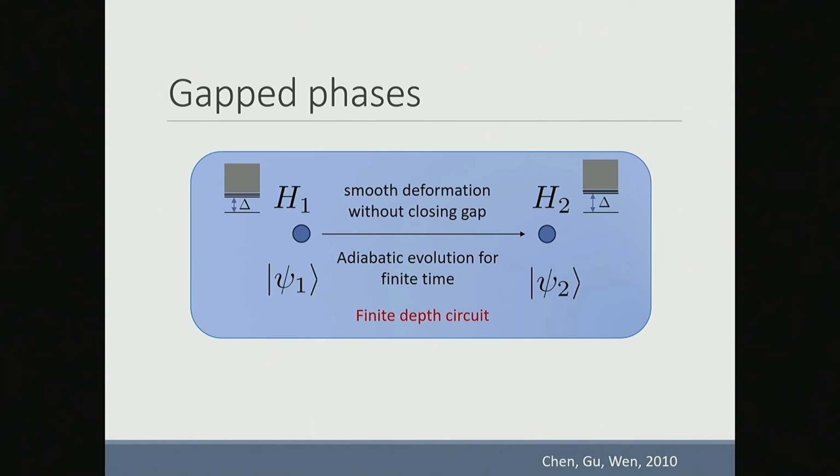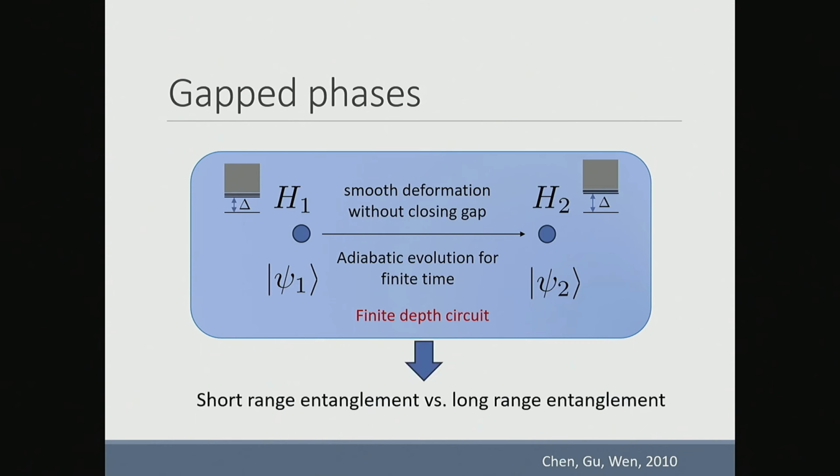So the original definition in terms of smooth deformation of the Hamiltonian is equivalently interpreted as finite depth circuit equivalence between ground state wave functions. You may say this is just another way of saying things, but actually it's very helpful because it helps us think about the entanglement structure in the wave function, which in turn helps us discover new phases. Let me show you how this is done.